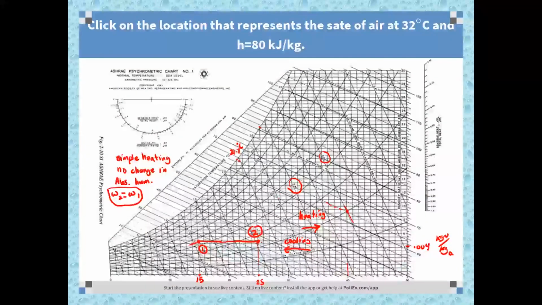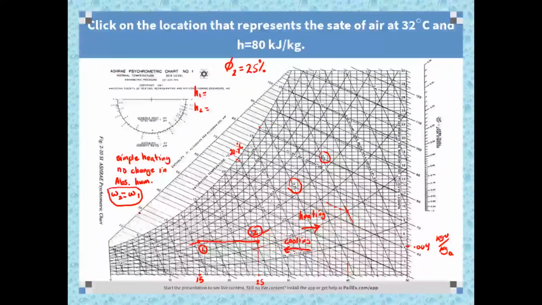All right. So for state 2, what do we have? Relative humidity is what? Would you say 25%? Right? Between 20 and 30, 25%. Let's read H1 and H2. What was H1? 28 is more like it, yes.